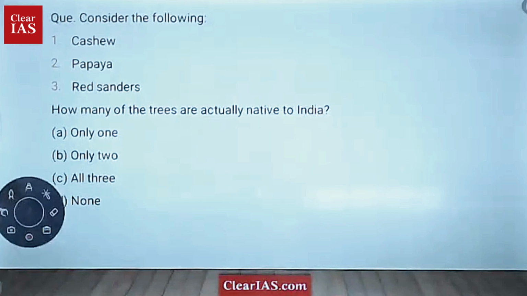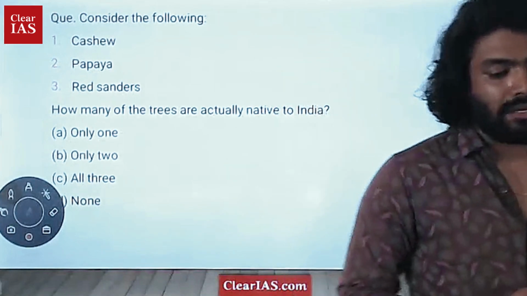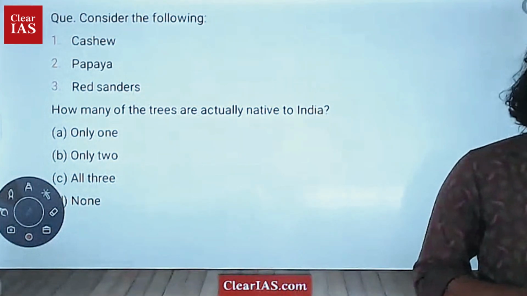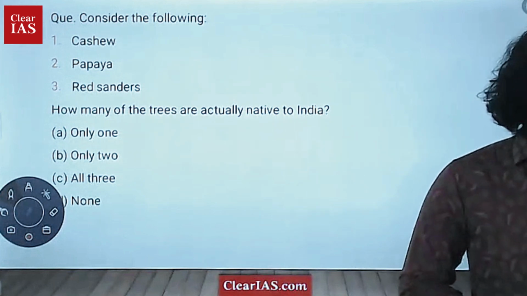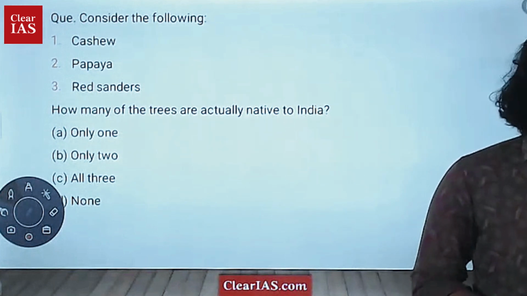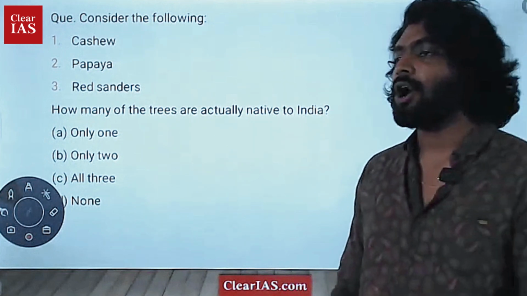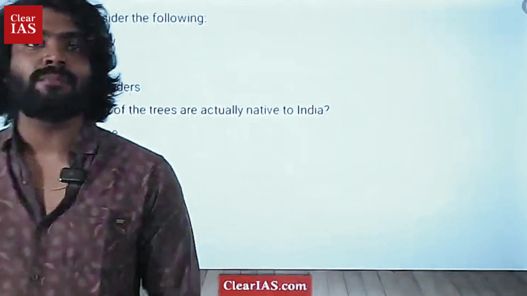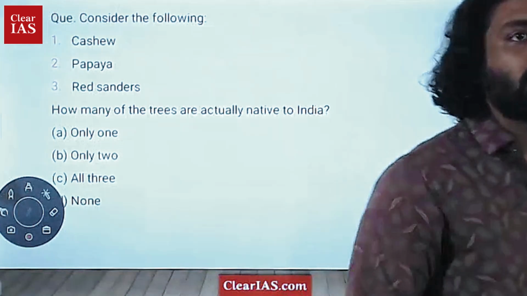Then consider the following. How many of the above trees are actually native to India? Very simple question if you look at it in a very simple way. Cashew and papaya. Look at the names. Whenever we talk about history, whenever we talk about fruits or vegetables that were brought from outside, cashew and papaya obviously are there in the group.